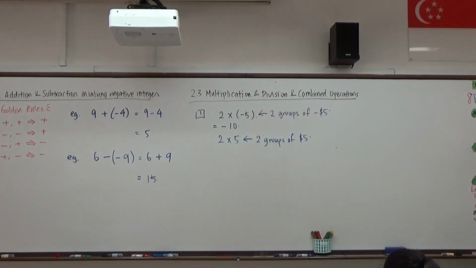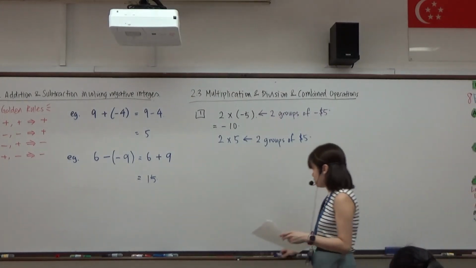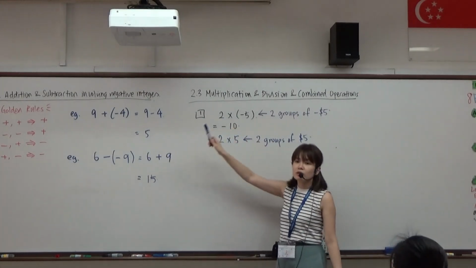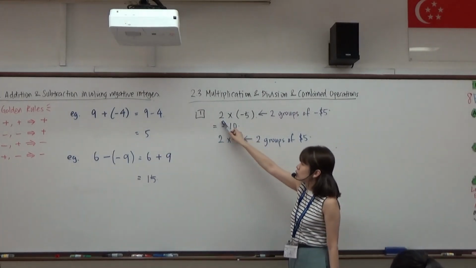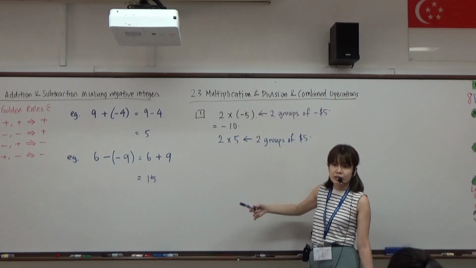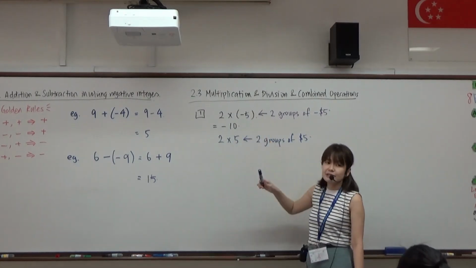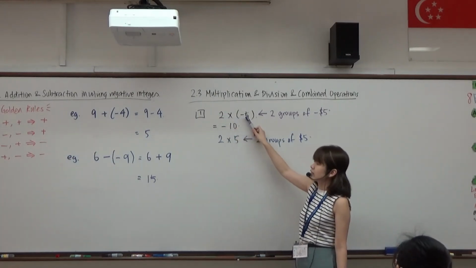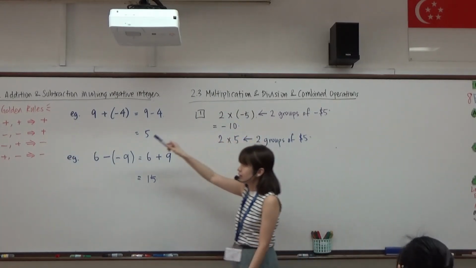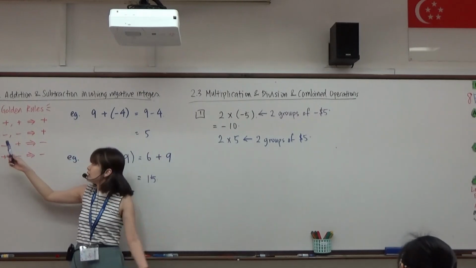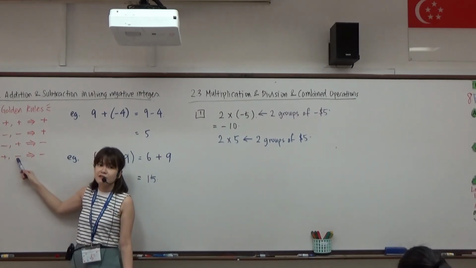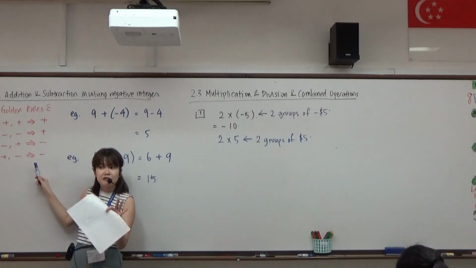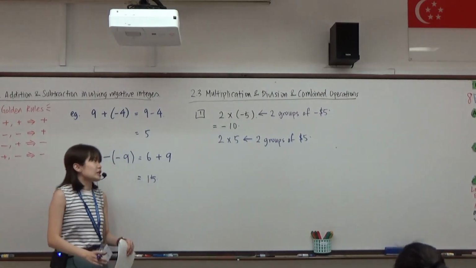So what do we see in this idea over here? How do we apply our golden rule to this? 2 is a positive number. Negative 5 is a negative number. Positive times negative gives us negative. That's how it works for multiplication. So it's different from how we did addition and subtraction.